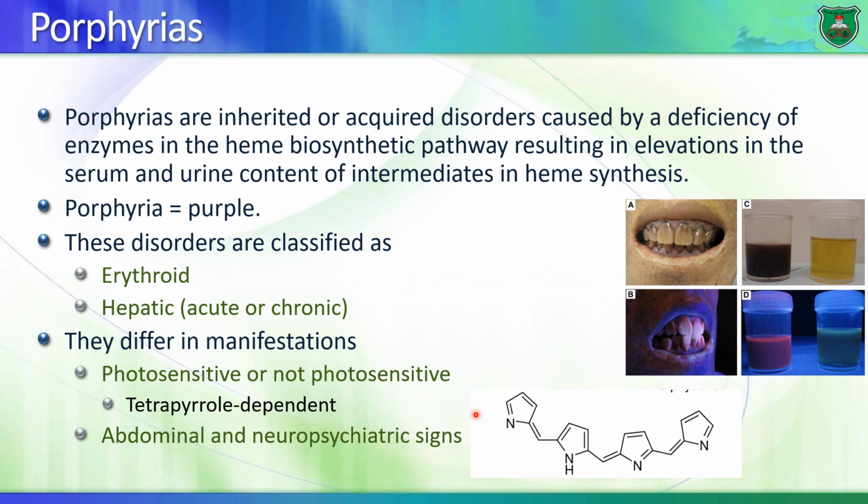So if you have the formation of a tetrapyrrole molecule having all four rings attached to each other, the patient would be photosensitive, since these ring structures would be able to absorb light. Otherwise, the patient would be photoinsensitive. The other thing is the presence of abdominal or neuropsychiatric signs.